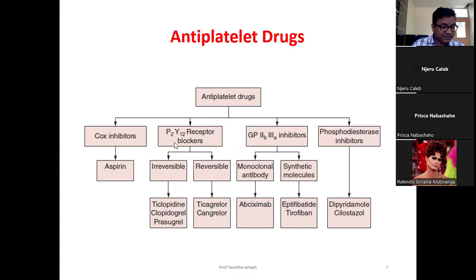P2Y12 inhibitors, nothing but ADP inhibitors, can be divided into irreversible and reversible. Aspirin is also an irreversible inhibitor. Thromboxane is inhibited by aspirin irreversibly. Then GP2B3A inhibitors, monoclonal and synthetic ones.